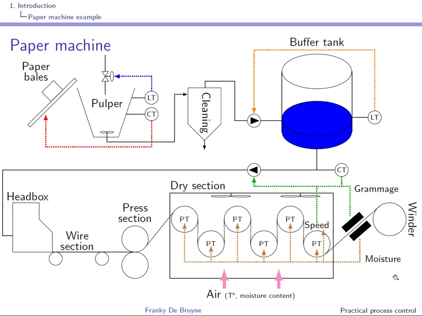So the consistency control loop is shown in red. The consistency of the pulp is measured using this transmitter and controlled by adapting the speed of the conveyor belt. In some cases, the speed of this conveyor belt is fixed and the conveyor belt is either running, on, or it is not running, and then you're in the off state.